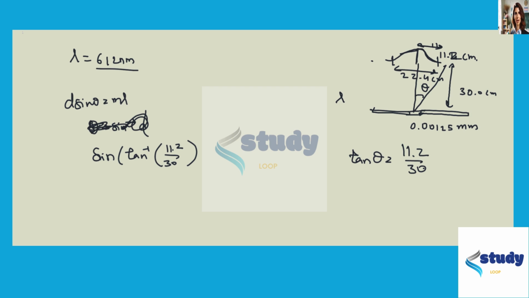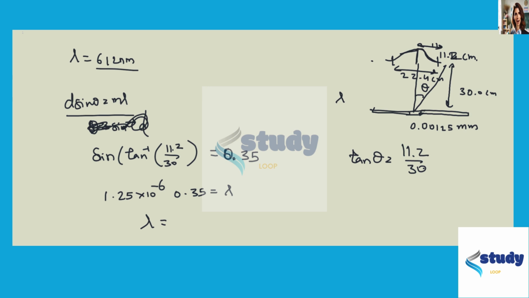By plugging this into a calculator, we'll see that it is equal to 0.35. So by plugging it here, we know that d is 0.00125 millimeters, that is 1.25 into 10 power minus 6 meters, times 0.35 is equal to lambda.